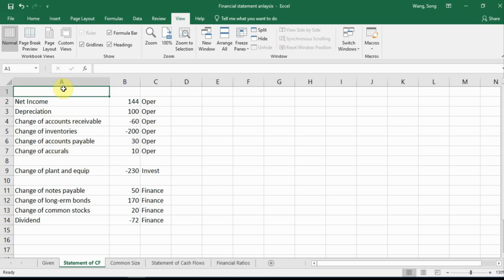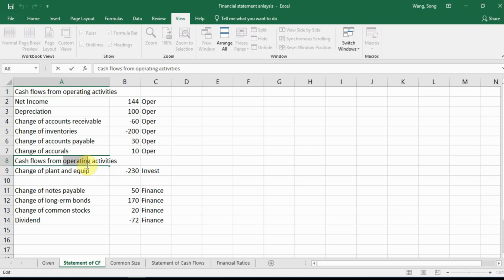So you have cash flows from operating activities, and you also have cash flows from investing activities.